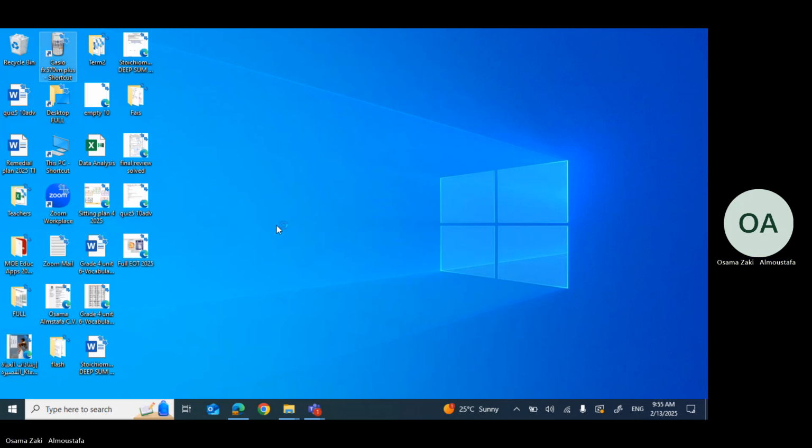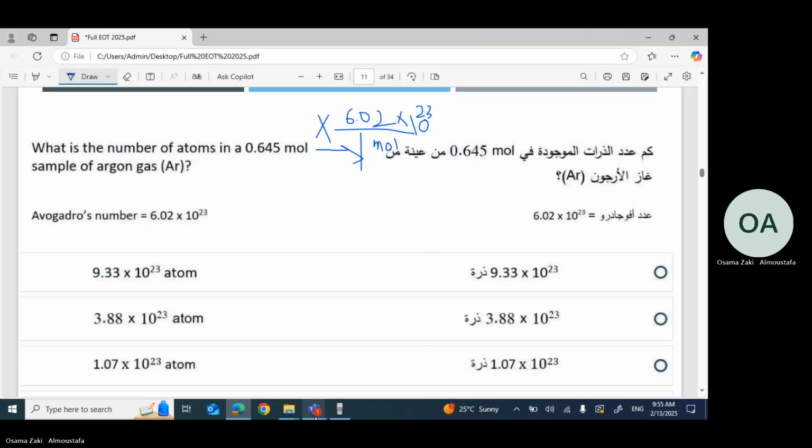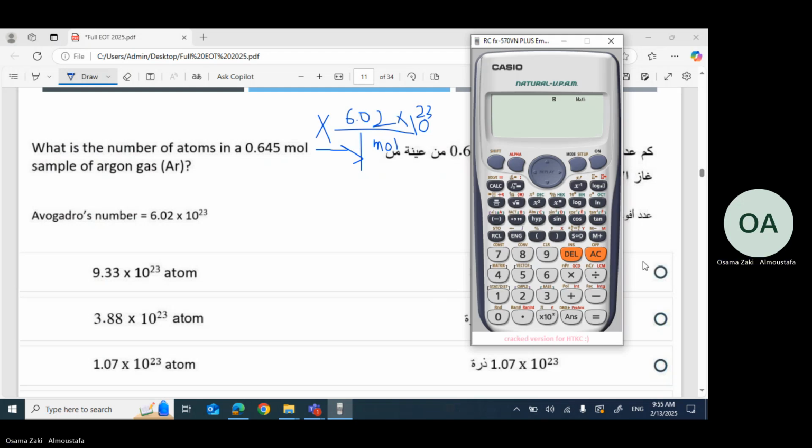Here we have 0.645 times a fraction: 6.02 times 10 to the power 23, and down we have 1. Okay, so this is the answer, which is this.